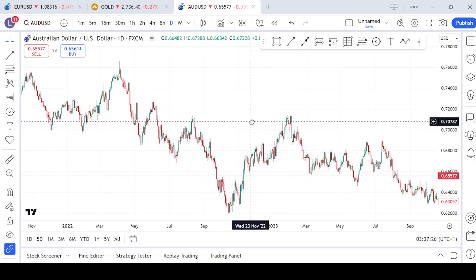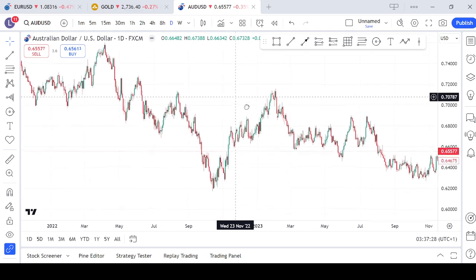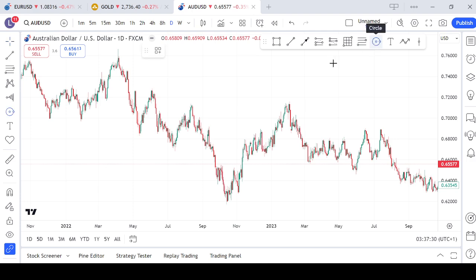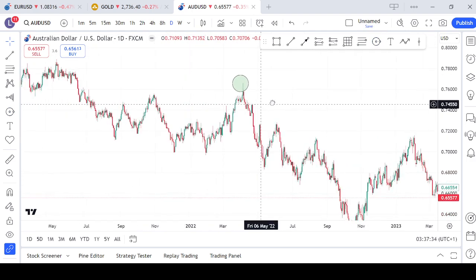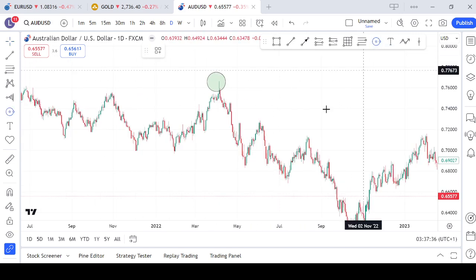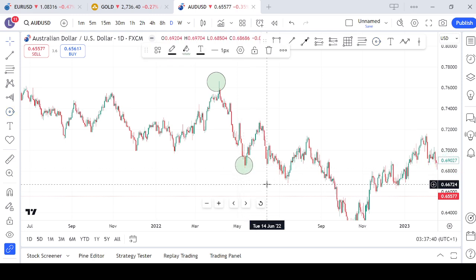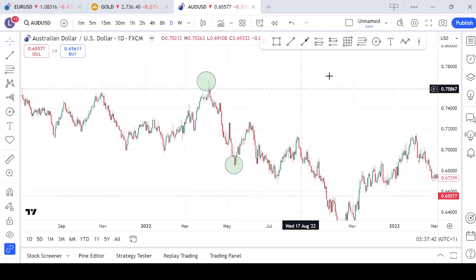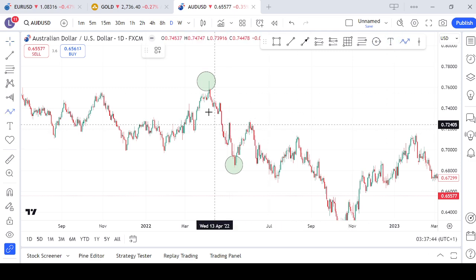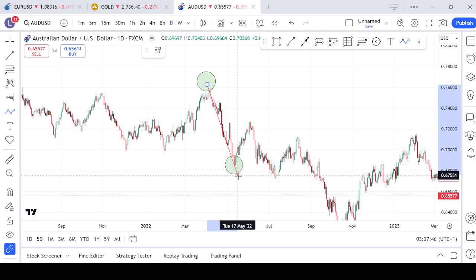For example, we have this high and this low right here, and we expect price to give us a retracement after this move.